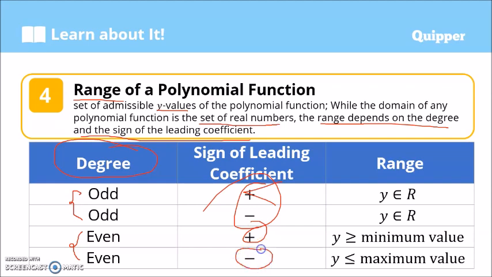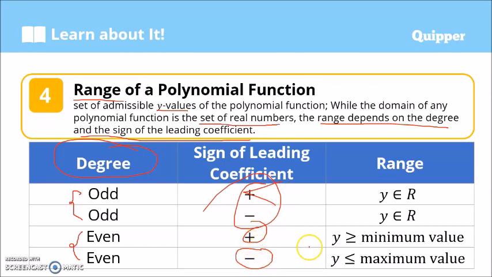Alright? So, if the sign of the leading coefficient is positive, then the range is y is greater than or equal to the minimum value. Paano ba mag-solve ng minimum or maximum value? Okay, mamaya yan. So, again, ang tatandaan lang natin muna, kung even ang degree, then we look at the sign of the leading coefficient.